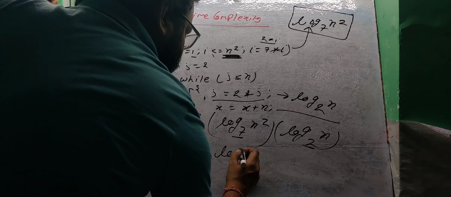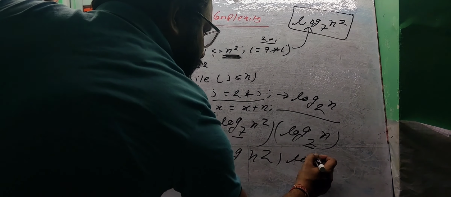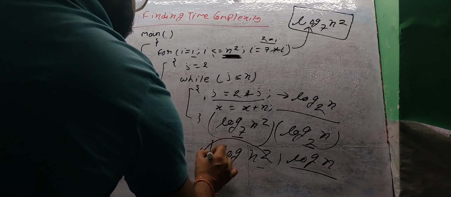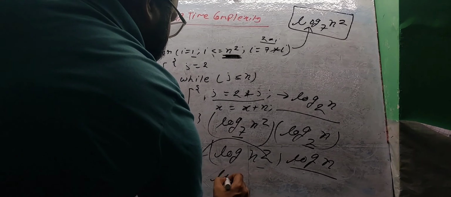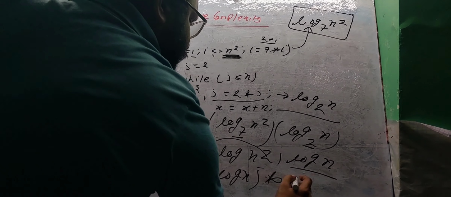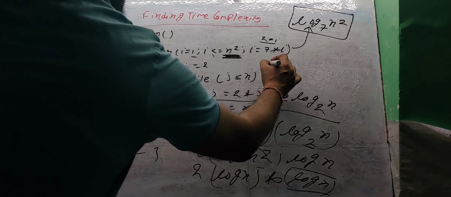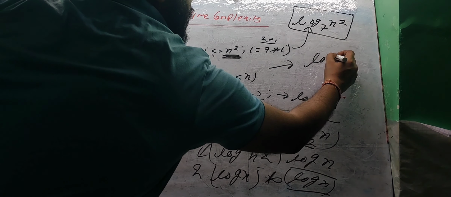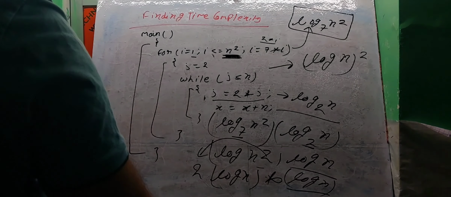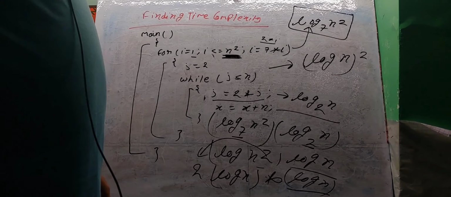Then log n square into log n, this 2 will come here, 2 log n into log n. So overall its time complexity will be log n square. If you have any confusion, write in comment box.